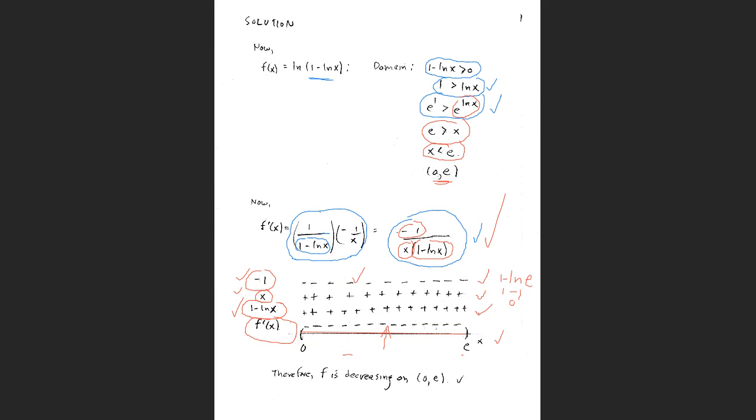We're taking a negative and we're dividing it by a positive times a positive. Absolutely. And that's going to be negative. And therefore, this function is just decreasing over the interval from 0 to e. The function is decreasing. There's no local maxima, there's no local minima. Okay? It's just decreasing.